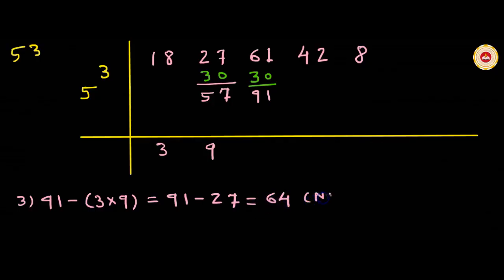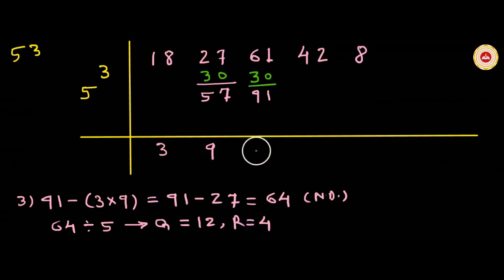64 is net dividend and divide 64 by divisor 5, which gives us quotient. How much? 12 5s are 60. That means quotient is 12 and remainder is 4. So let us write quotient 12 below 91 and how to write remainder 4 when dividend is in the form of parts.